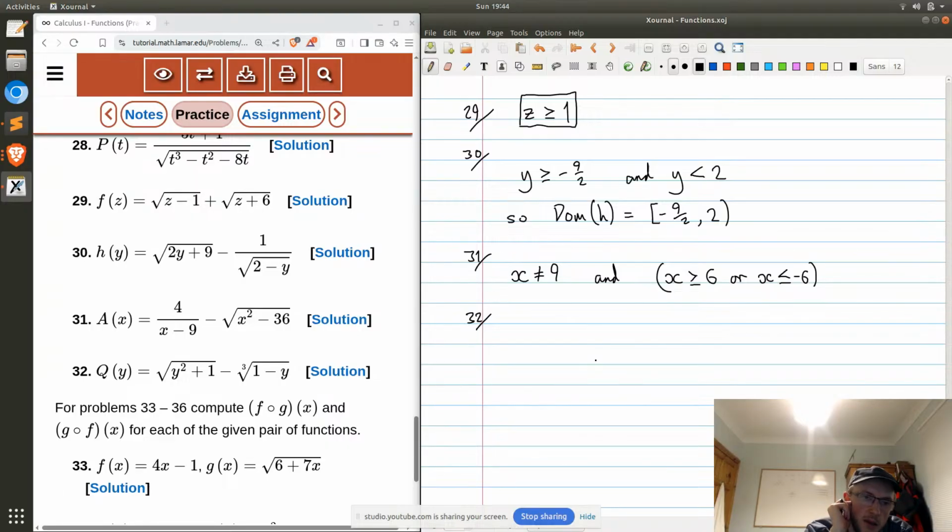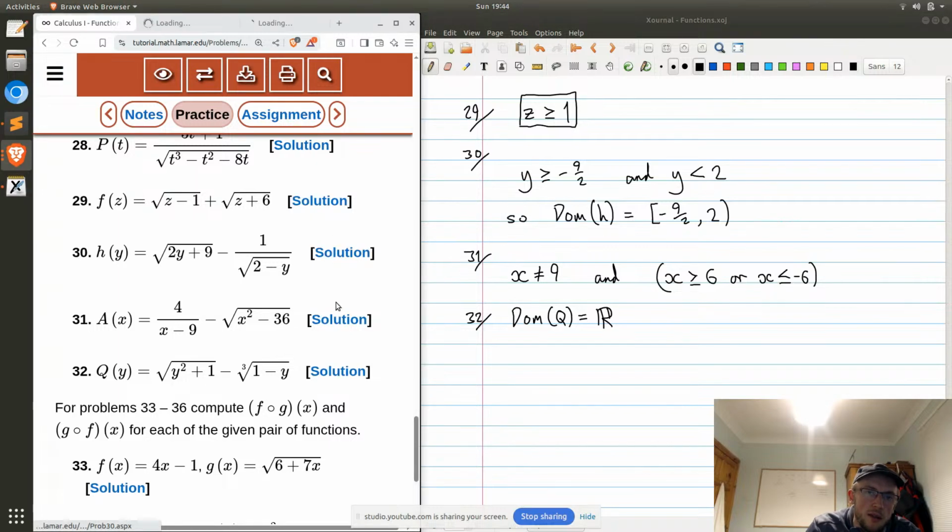That doesn't restrict it in any way either. So I think the domain of Q is the reals, I think. Right, well, we better check these.